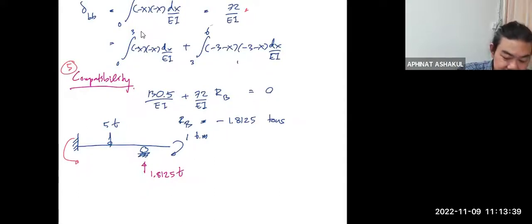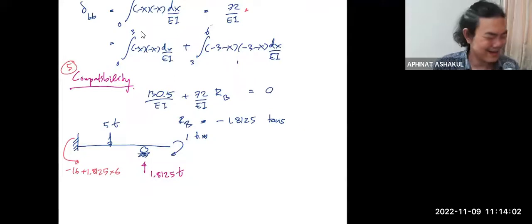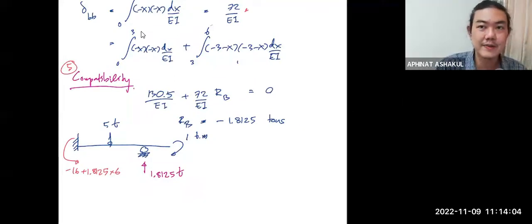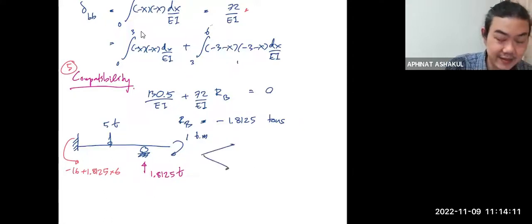Now I have this extra. So that means I can easily calculate this as minus 16 plus 1.8125 multiplied by 6. Are you confused by how I got this? You're not? This is called superposition, because from the beginning, I split this beam into 2 cases, right?